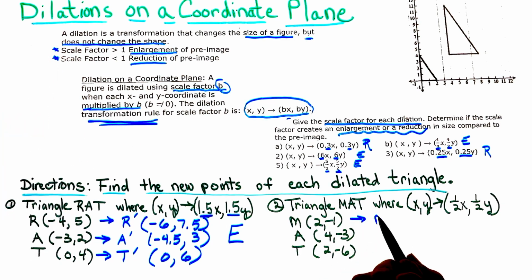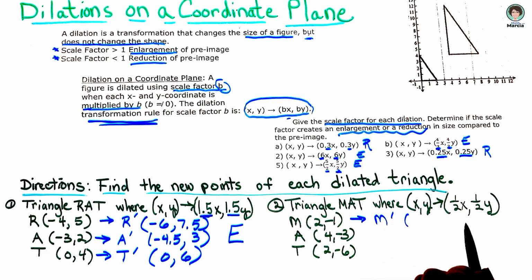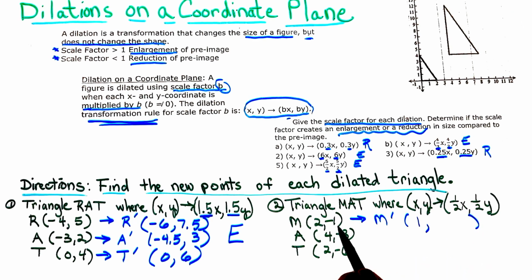So we're going to have our M prime, and 2 times 1/2, we know, is 1. And -1 times 1/2 is going to be -1/2.